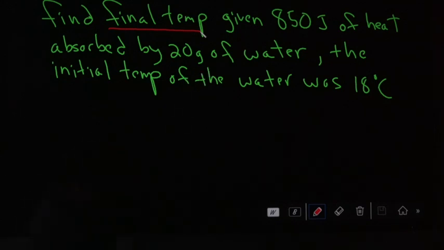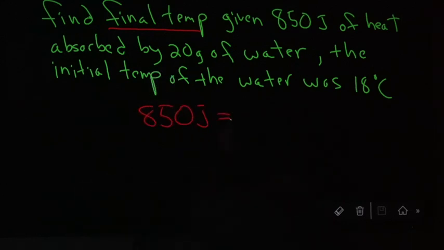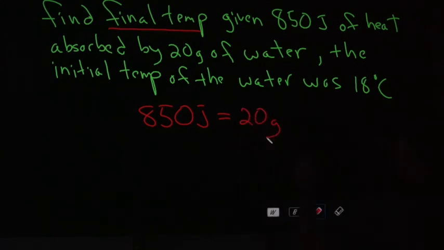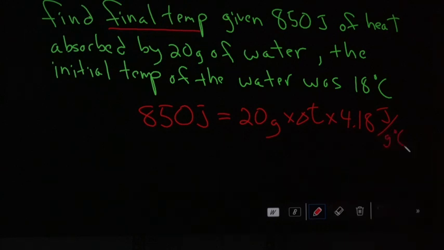So the first thing you're going to do is 850 joules equals 20 grams times delta T times 4.18 joules per gram degree C. So the very first thing, you got to find delta T. So it's going to be 20 times 4.18, and then you're going to divide whatever that is into 850.